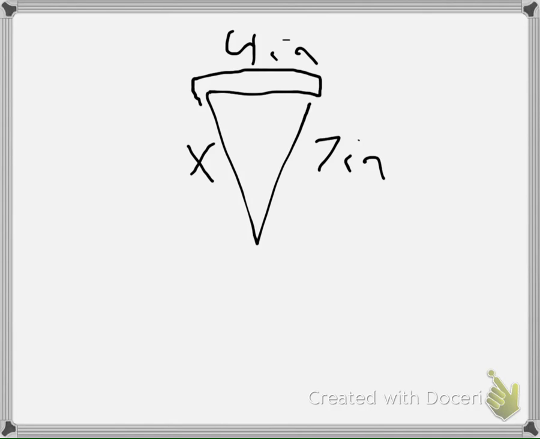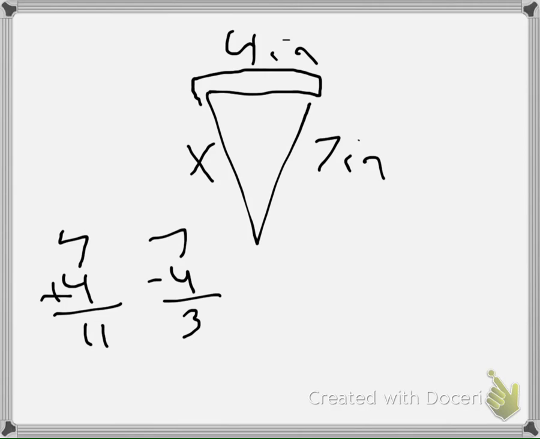If we were to add 7 plus 4, we end up with 11. If we subtract 7 minus 4, we end up with 3. This lets us know that x is going to be less than 11, but it also will be greater than 3.